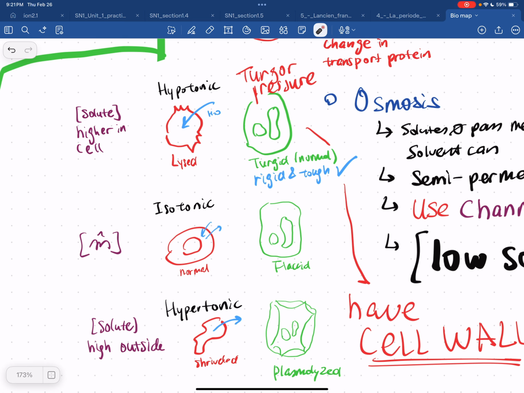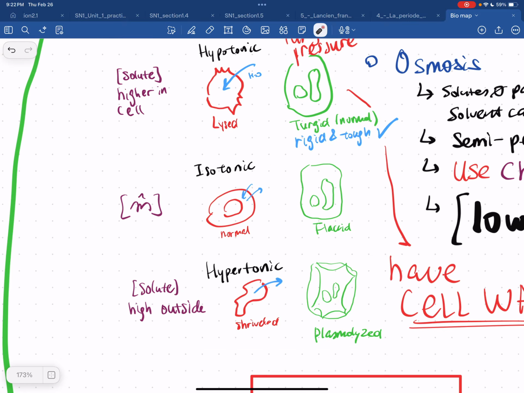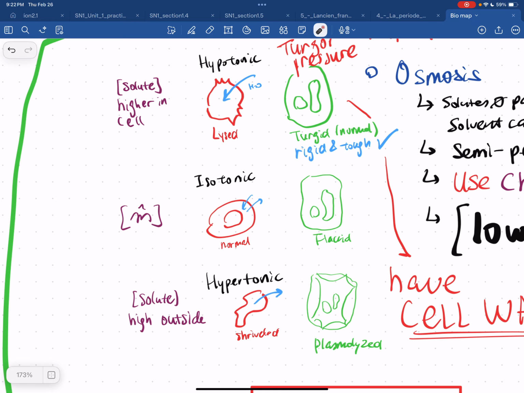If the outside is more dilute, then water will want to gush in and the cell will explode, which is good for plants because they have turgor pressure, meaning a turgid, rigid, tough state instead of a lysed state like an animal cell that will explode. Plant cells are able to expand because of the cell walls. They're flexible and they like it when they're in hypotonic solutions. So we can put them in water and they like it there.